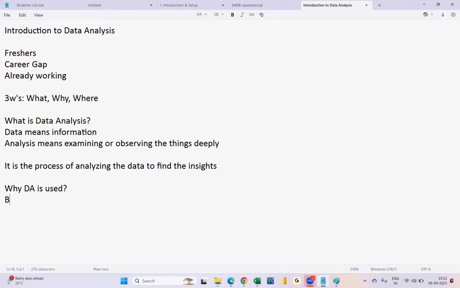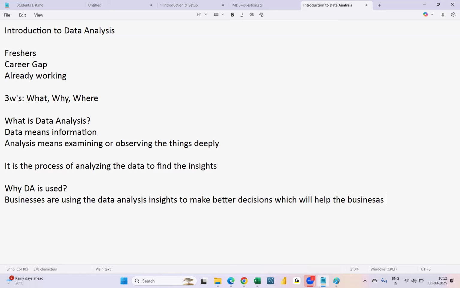So I would say businesses are using data analysis insights to make better decisions, which will help the business to grow. Whatever the business might be, I am not restricting it to only certain types of companies.